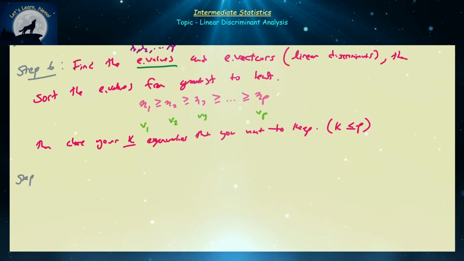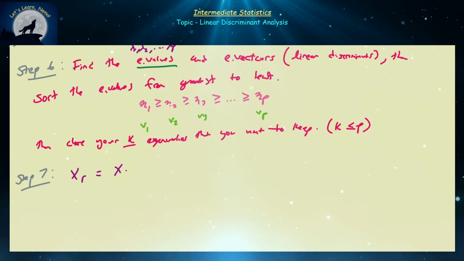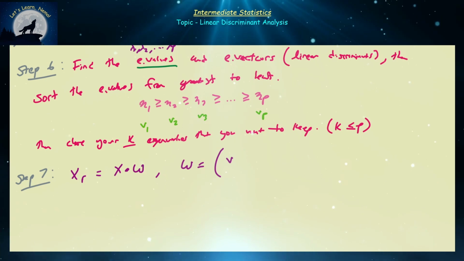Once we have those k eigenvectors generated from those k eigenvalues, we get our reduced data matrix, which is equal to x times w. w is our transformation matrix, equal to the eigenvectors, which we'll call u1, u2 down to uk, a subset of the eigenvectors v1, v2 down to vp.